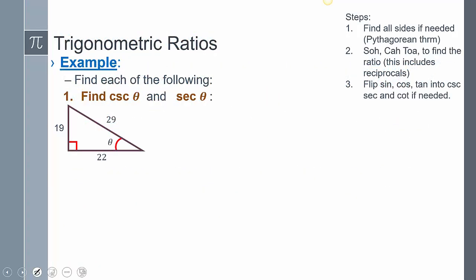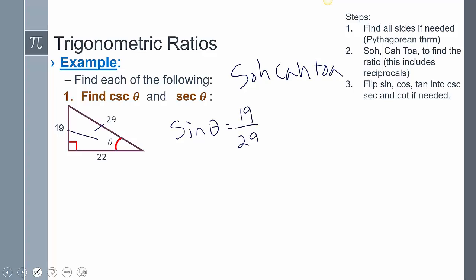So let's look at some examples. I want to find cosecant of theta and secant of theta. So to do that, we're still going to start with our SOHCAHTOA. We still need to know that. So sine of theta equals opposite over hypotenuse. The cosine of theta equals adjacent over hypotenuse.